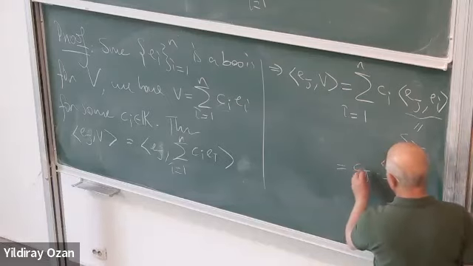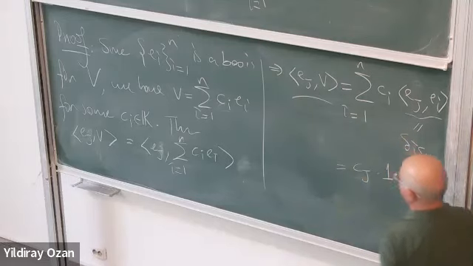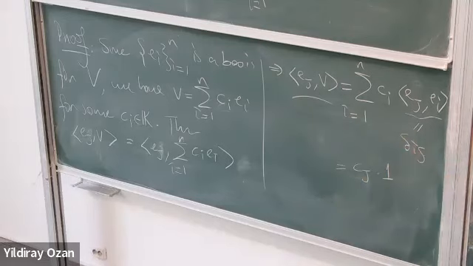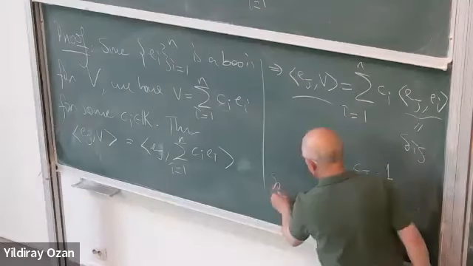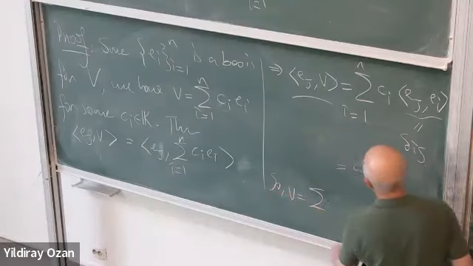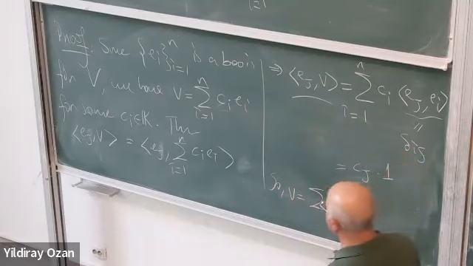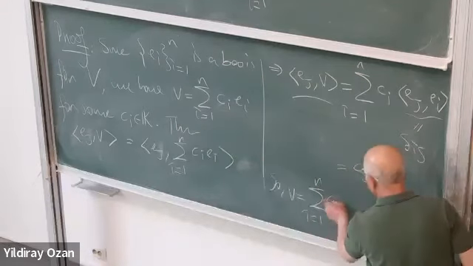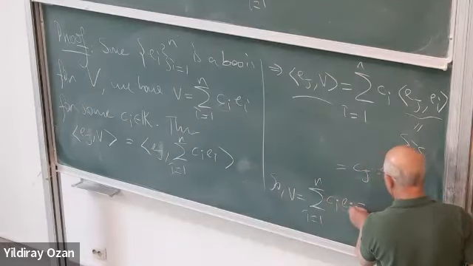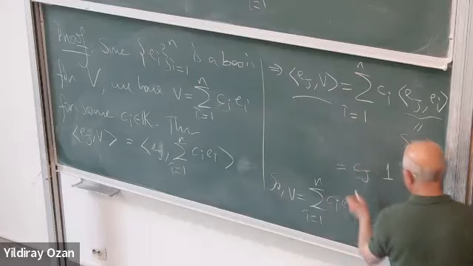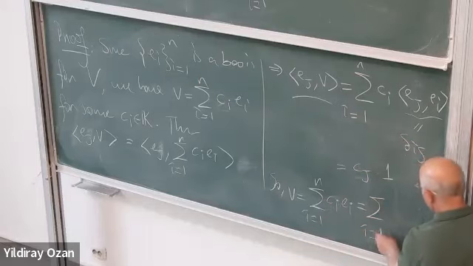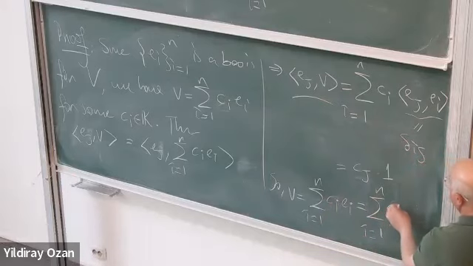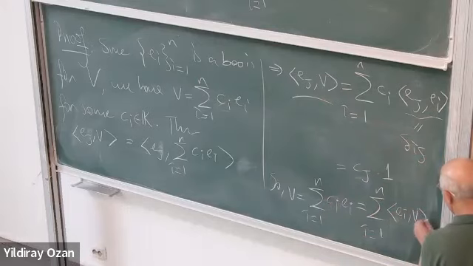Therefore, this coefficient is just the inner product of V with ej. So V, which was just, V was what? The sum over i from 1 to n of ci ei, but ci is just the inner product of V with ei, and then I have ei.